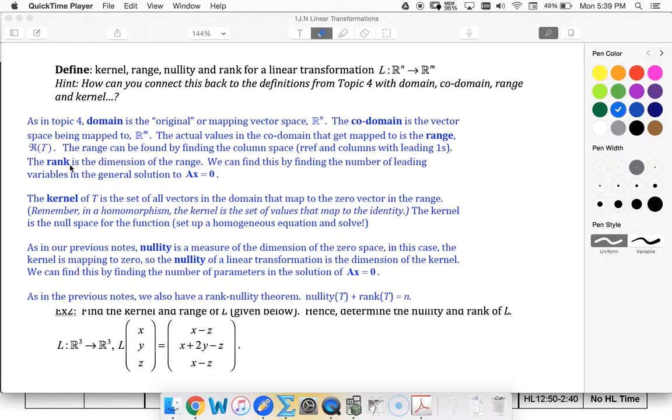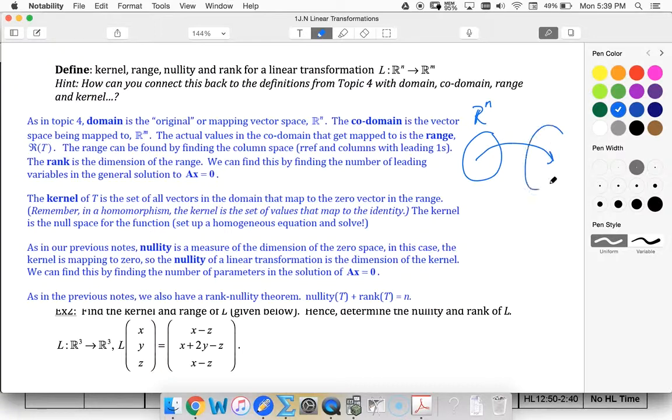But the actual values that we get mapped to are our range, and we use this funky R for our range. So we've got our space Rn, and then we map into values in Rm, but these actual values that get mapped to, those make up our range.